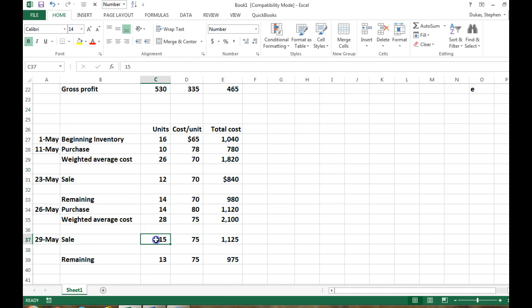So when I sell 15 units on May 29th, I sell them at $75. That gives me $1,125. So my ending inventory is 28 minus 15, which is 13 units. 2,100 minus 1,125 is 975. I have 13 units at $75 for a total of $975.